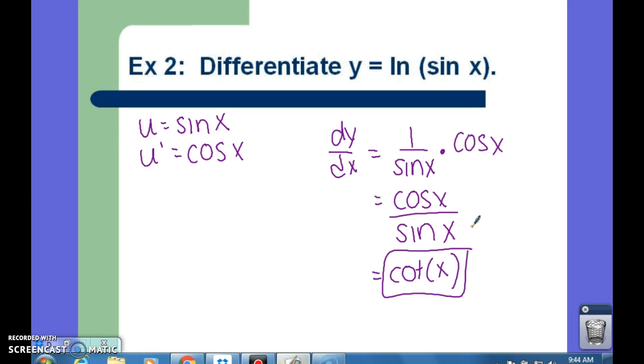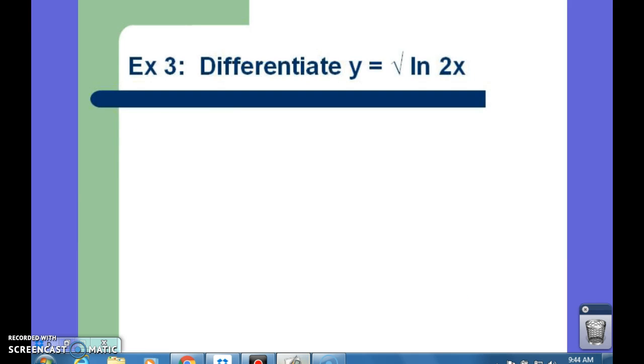Okay. Now the next one is a chain rule within a problem. So we have the natural log function inside a function, and this is why we talked earlier this week about cleaning up these types of functions.